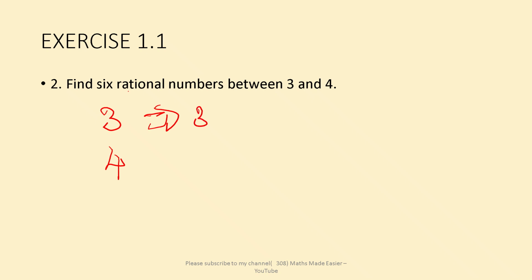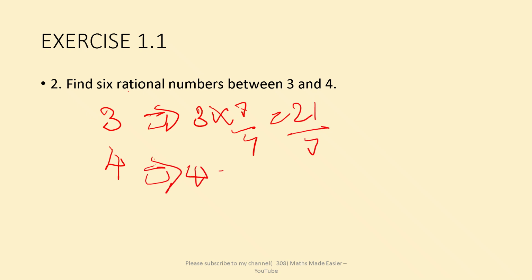I choose 7. I multiply 3 by 7 divided by 7, which gives 21 by 7. Similarly, when I multiply 4 by 7 by 7, I get 28 by 7.